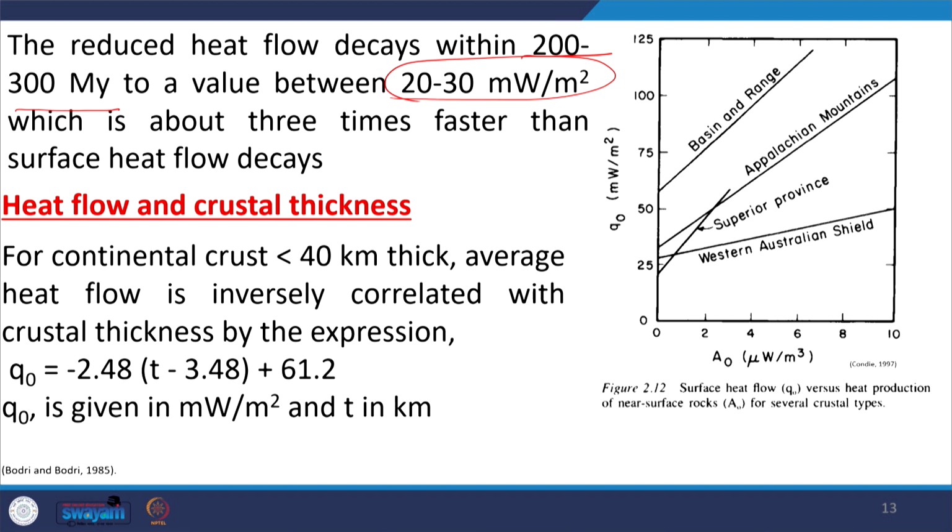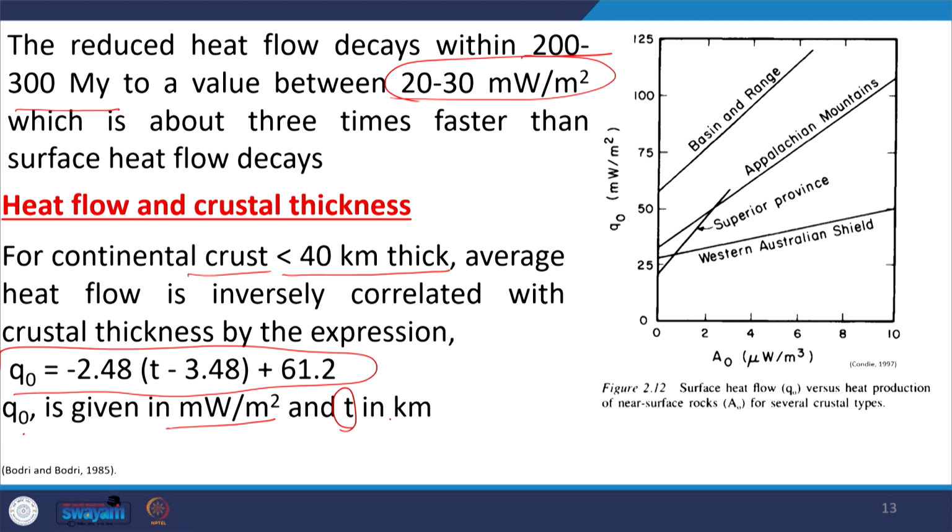So, if you compare heat flow and crustal thickness, for continental crust less than 40 kilometer thick, average heat flow is inversely correlated with crustal thickness by the equation given here, where Q0 is in milliwatt per meter square and T is the thickness.